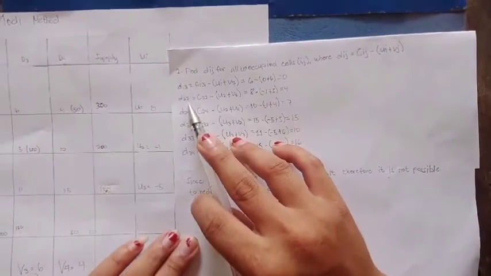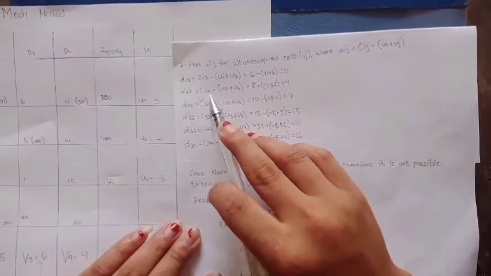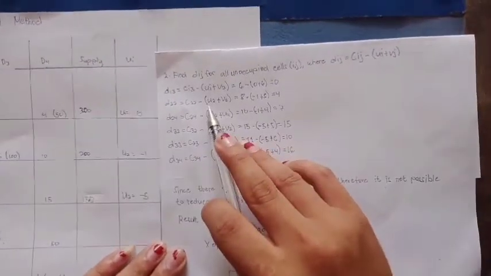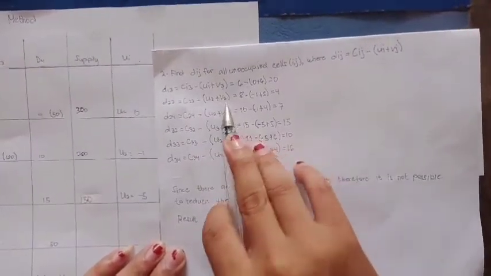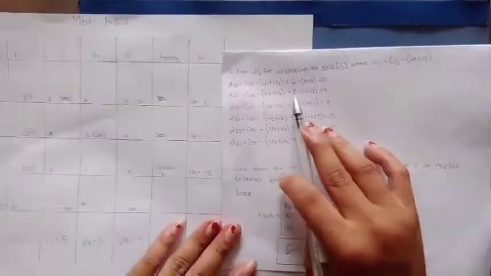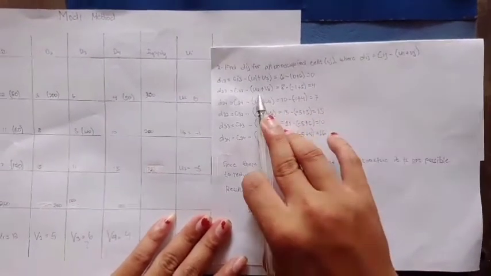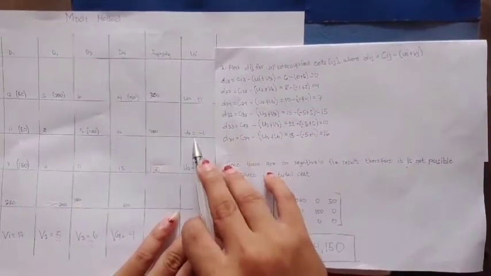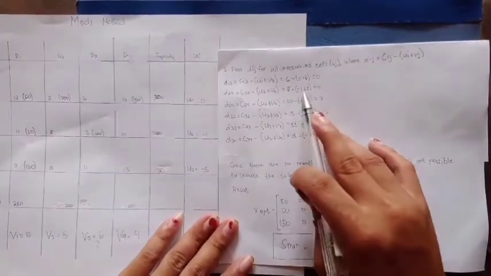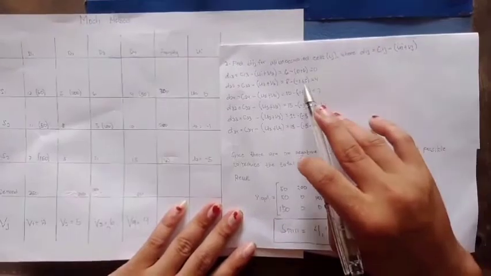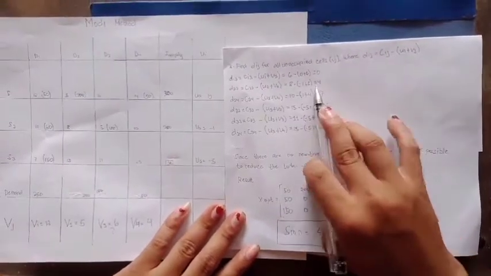Next is D22 is equal to C22 minus U2 plus V2. Our C22 is 8, so 8 minus negative 1 plus 5 is equal to 4.